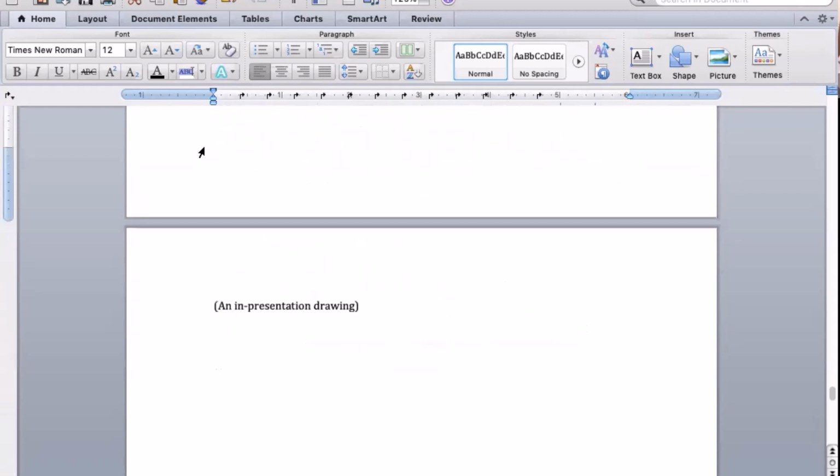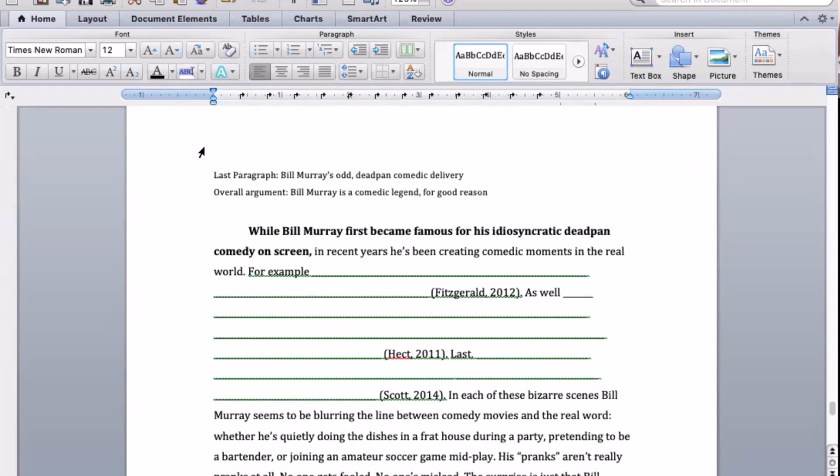So take that Bill Murray paragraph that I talked about, its main idea is Bill Murray's doing weird stuff, funny things out in the real world. Let's say my last paragraph was about how all his movies are really particular and funny in their own unique way. So I'm going to try to connect those things at the very beginning of this new paragraph.